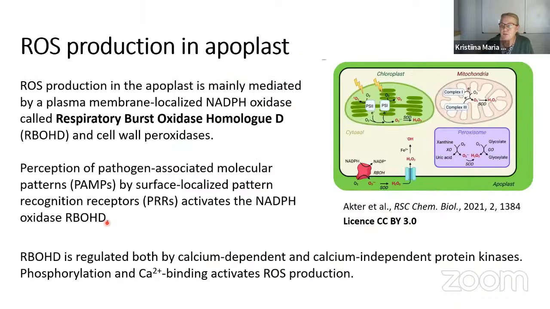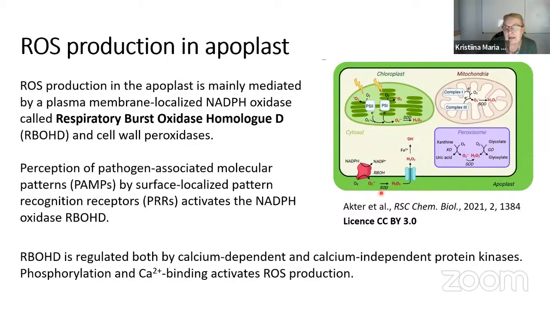If you look at the ROS production in the apoplast, we have the NADPH oxidase, which is called respiratory burst oxidase homolog D, which together with cell wall peroxidases mainly takes care of the ROS production in the apoplastic space.